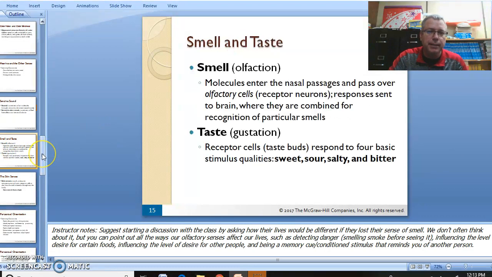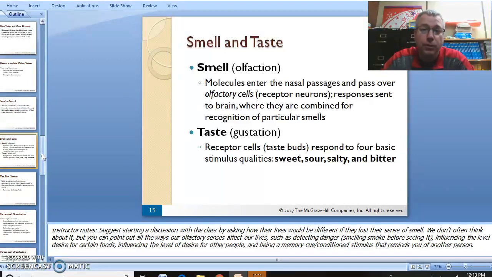Alright, smell and taste. Olfaction, again, our sense of smell isn't impressive in comparison to other animals, but it's still very important. Another thing that's really kind of weird about your sense of smell is that it's the only sense that does not go through your thalamus before it goes to the other areas of the brain.